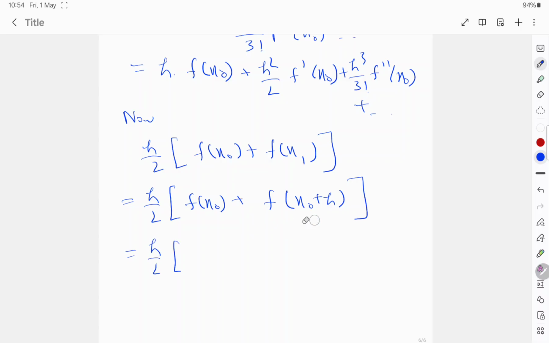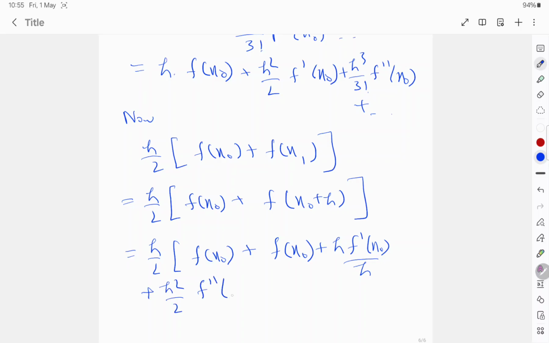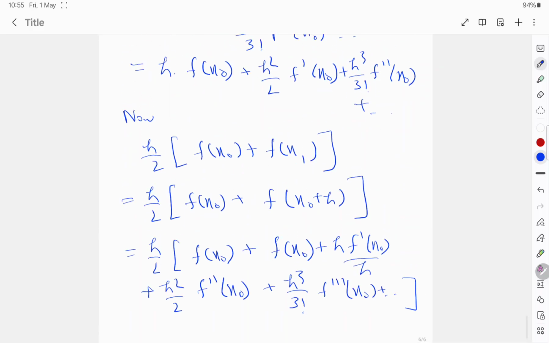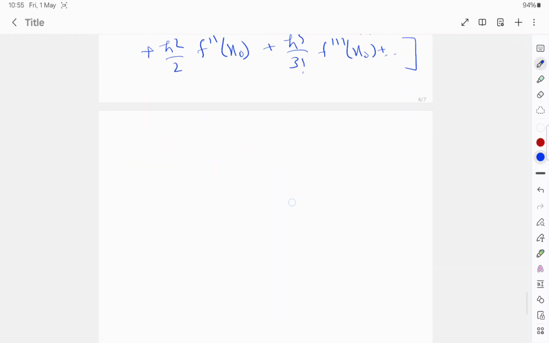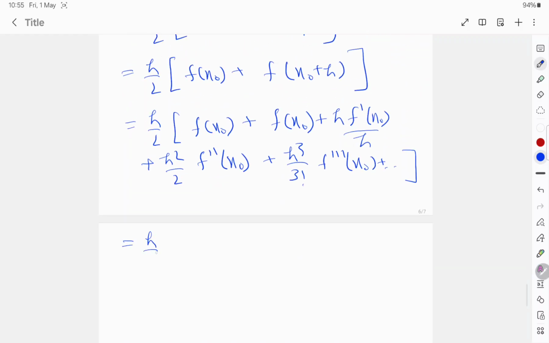Again, if you break this term using Taylor formula, you have f of x0 plus h f dash x0 by h plus h square by 2 f double dash x0, so this is 2, right?